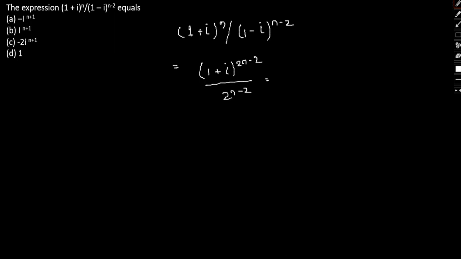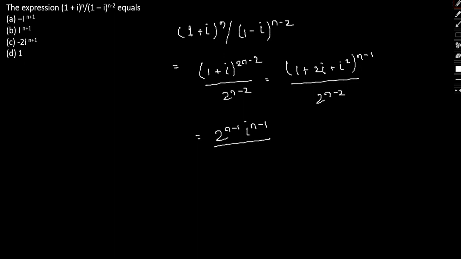This will further be written as (1 plus twice i plus i square) to the n minus 1, divided by twice n minus 2, which can be further written as 2 to the power n minus 1, i to the power n minus 1, by 2 to the power n minus 2.